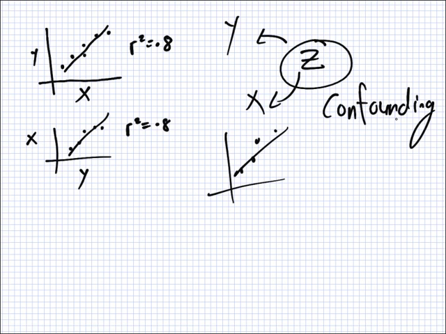Doctors might see that these patients have lung cancer and they also have yellow teeth. The patients with yellower teeth seem to have more lung cancer than the patients with less yellow teeth. So maybe lung cancer causes yellow teeth, or yellow teeth causes lung cancer. Well, you're laughing because now we know there's a third thing that's causing both, which is how much you smoke.